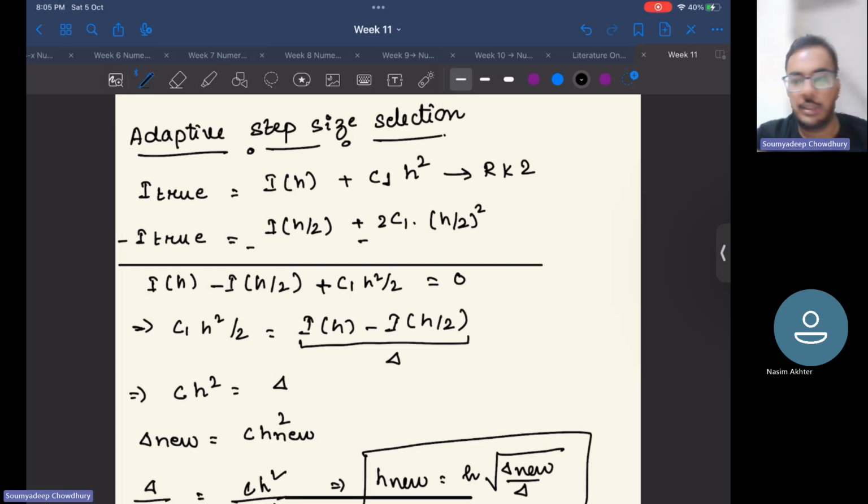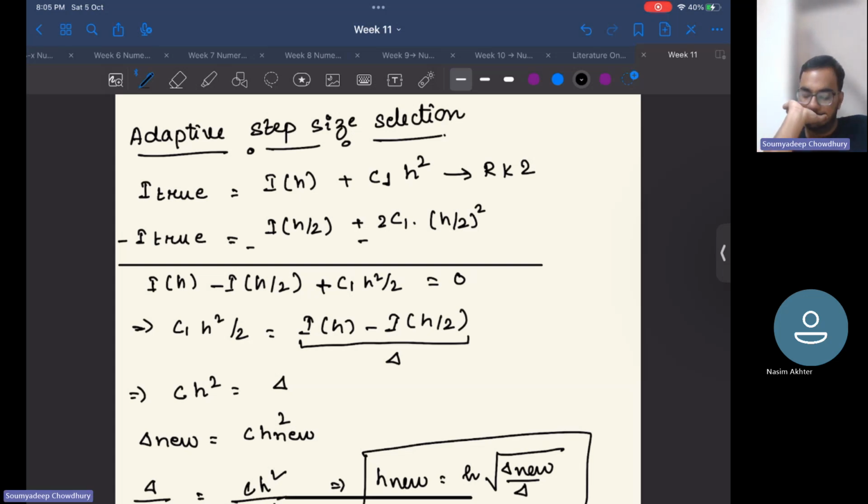So what we are doing here is adaptively trying to select a value of h. We will fix our error a priori before doing the process. We'll fix our error, and we are asking, for this error order, what step size should I use?